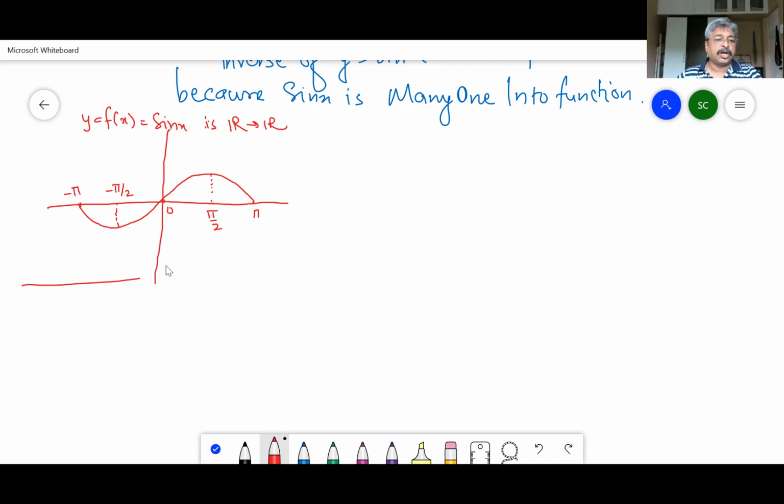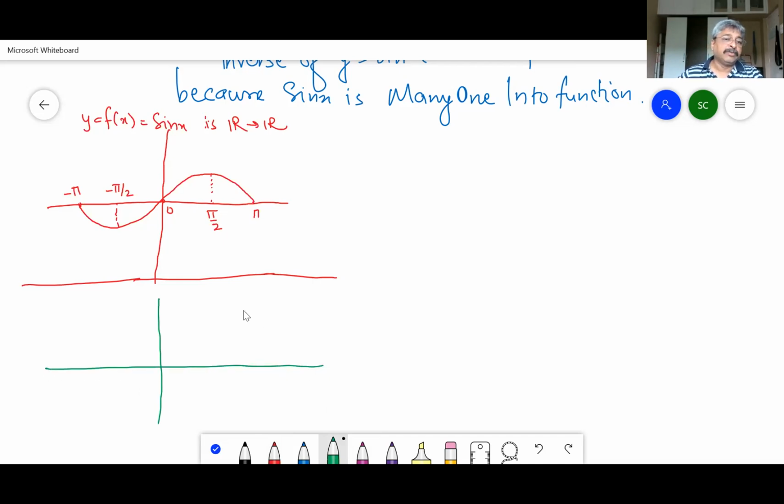Now we will try to draw another picture where we will trim the domain. Let us try to create a sine function which is invertible. So let f be defined from something to something, y is equal to f of x, which is sin x.